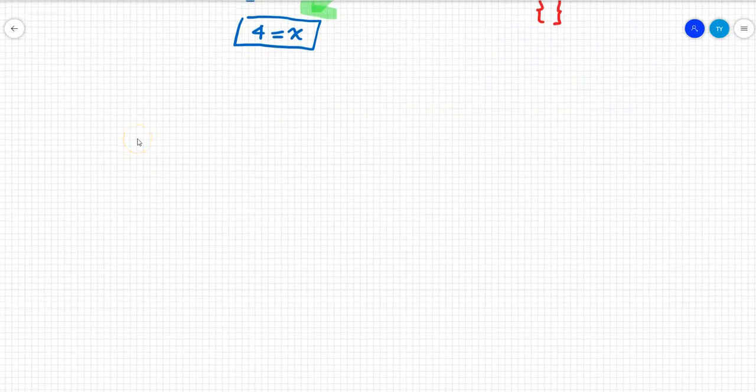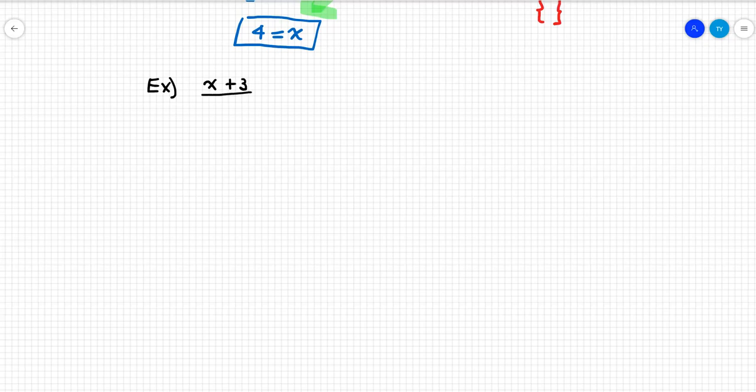So far, when you solve these rational equations, everything happens to be a linear equation. The last example I'm going to show you is where sometimes you end up with a quadratic equation. So let's talk about that.